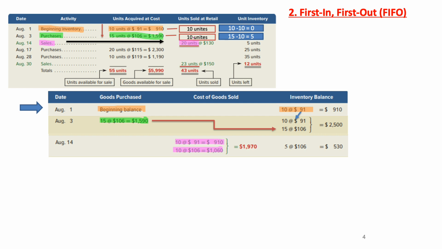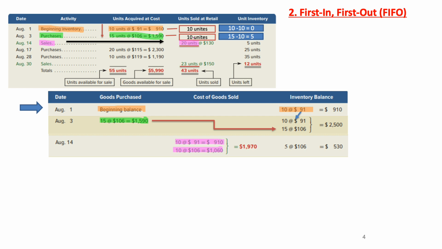which is 1,970. Now remember, because the company made some sales, of course my inventory is going to decrease. Why? Because I sold some items out of my inventory. So how am I going to calculate the inventory balance after the sales? How many units are left? In the beginning inventory, 0 units are left.